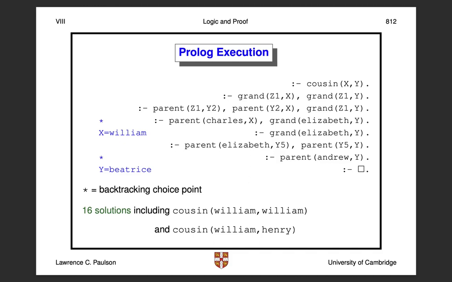The search attempts would eventually fail, and it would have to go back to this choice point and make another choice here. But of course, Elizabeth William, which is the choice we made, is going to work.